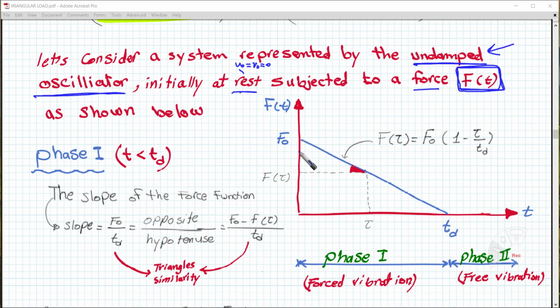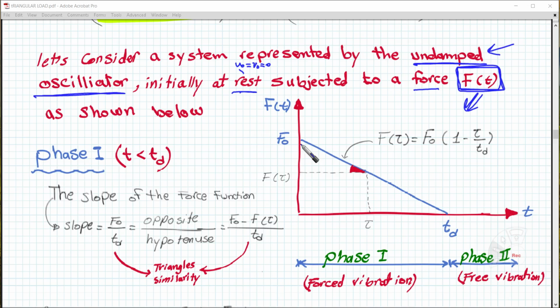So actually this force that we're talking about, as you can see here, the relation between t and f of t is a triangle. And triangle means that we have a line here, so we can derive the equation of this function. Okay? So first of all, we are going to look at this function as two parts or two phases.